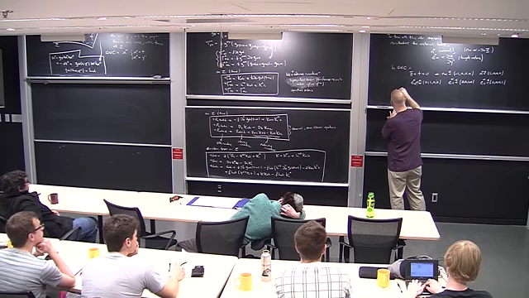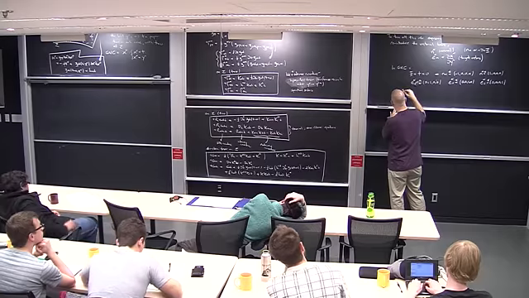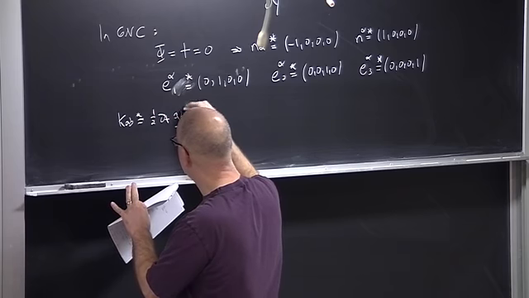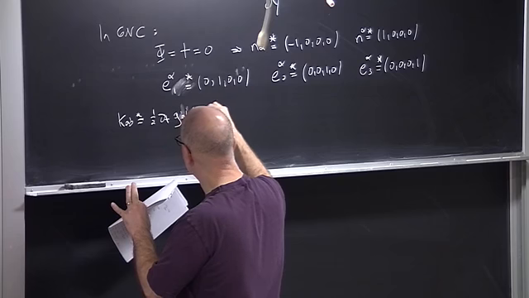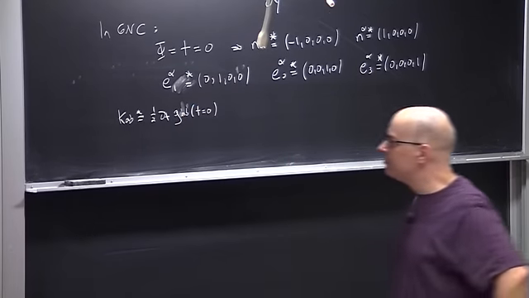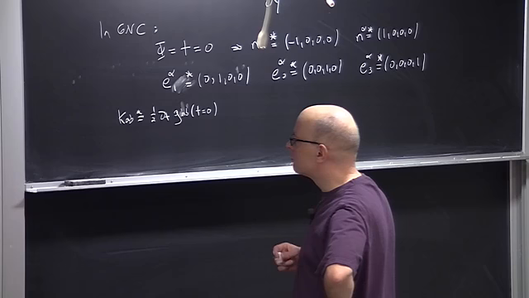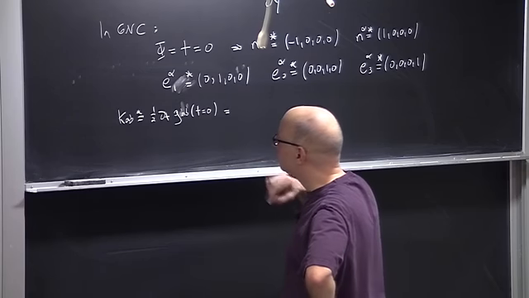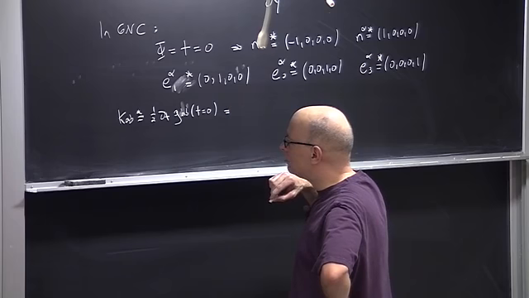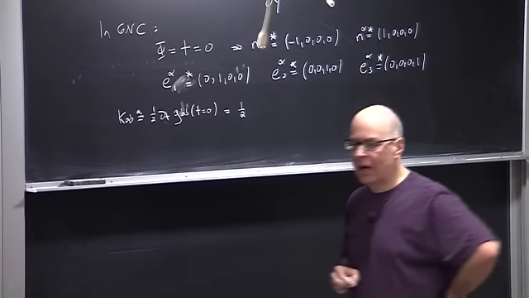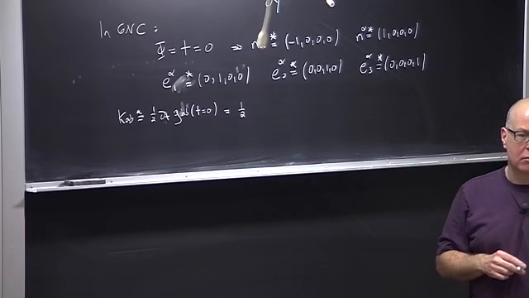The extrinsic curvature in Gaussian normal coordinates is a half the time derivative of the metric evaluated at t equals 0. The time derivative of the metric in that coordinate system is the Lie derivative of the metric along n.